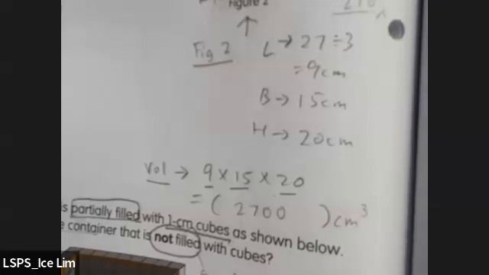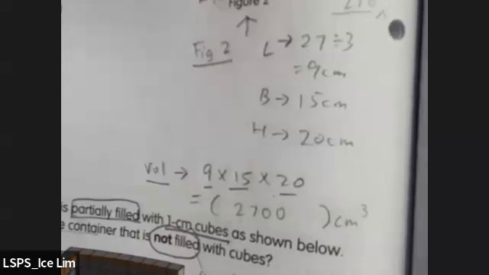Okay. 3 times 3, 9. 9 times 3, 27. 27 times 3, 81. 81 times 3, 243.